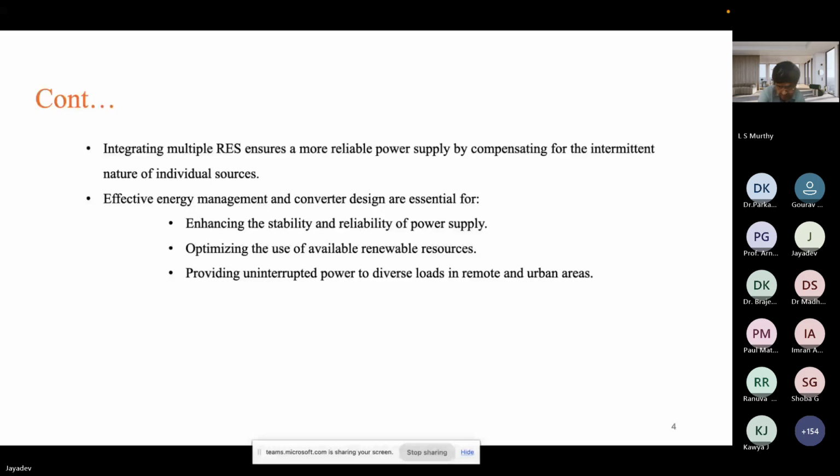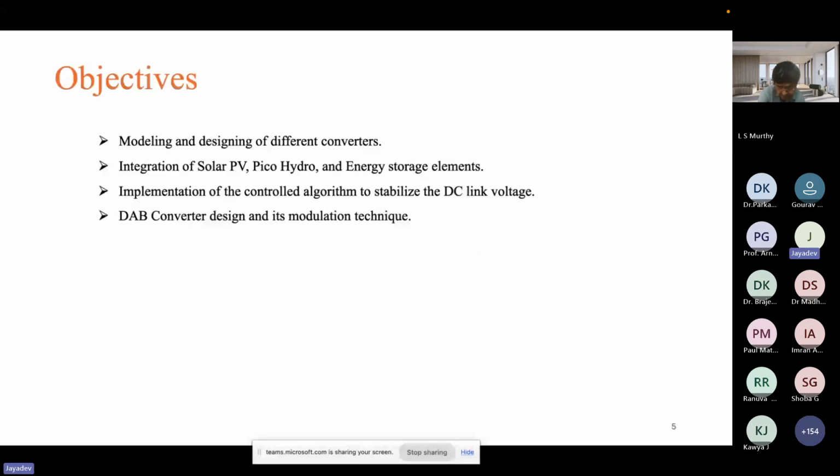Then the objective of this session will be the modeling and design of different converters that are used to integrate all the sources, and successfully integrate PV, pico hydro, and energy storage system, which can supply DC load as well as the AC load.